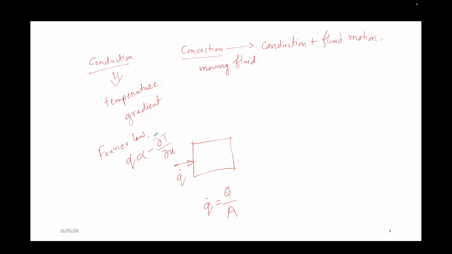So what I have said is that the heat flux is directly proportional to the negative temperature gradient, because we know that heat always transfers from high temperature to low temperature. If it is T1 at this point and T2 at this point, the heat will flow from T1 to T2.